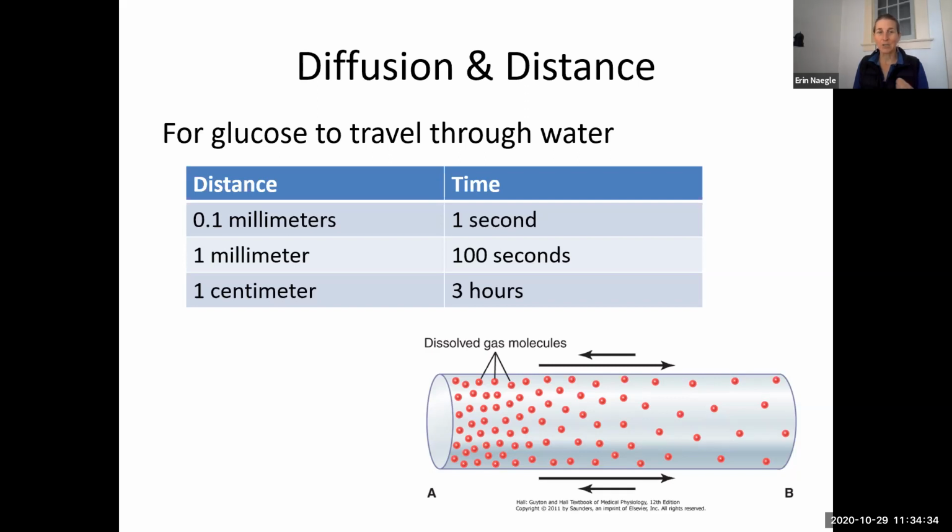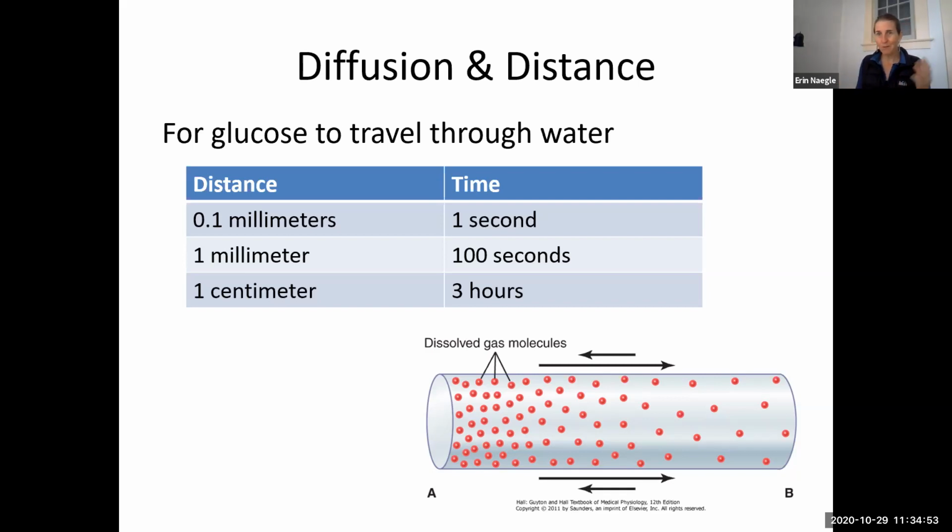And then it takes 3 hours for that to move just a centimeter, right? So that's not very far, but that's not going to sustain life if you're waiting for diffusion for things to happen on a larger scale.